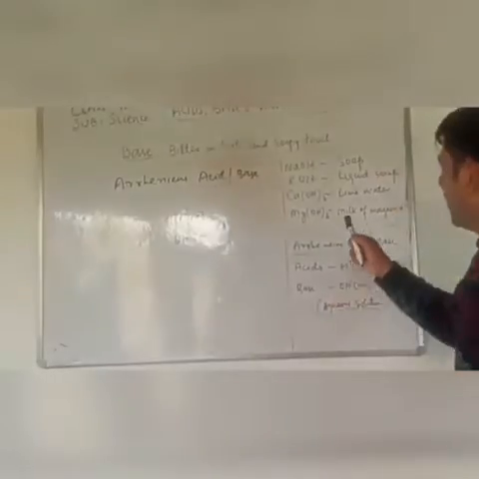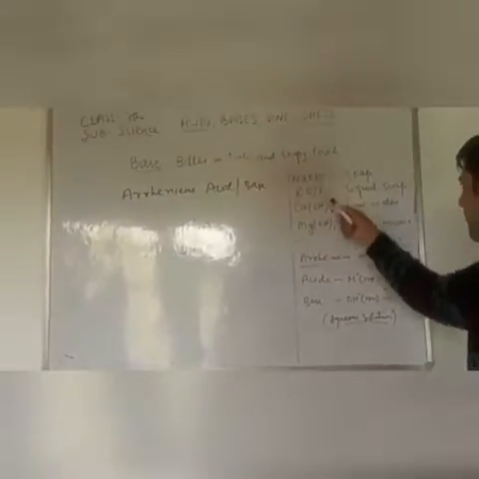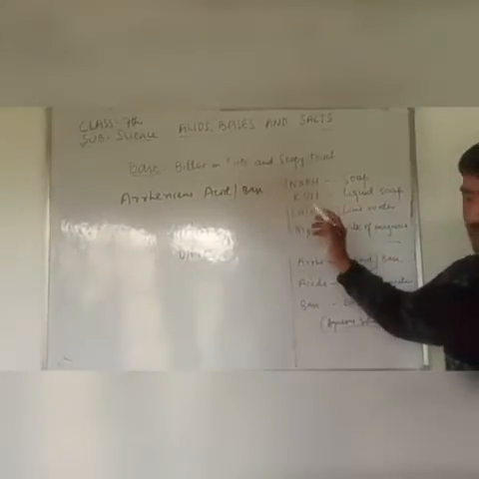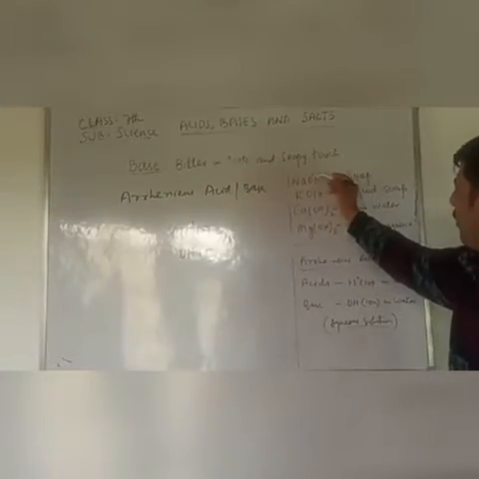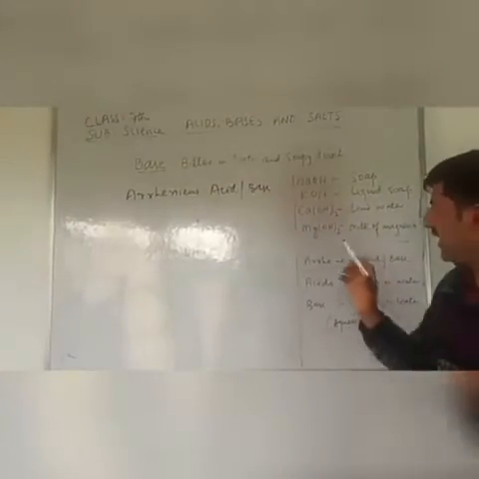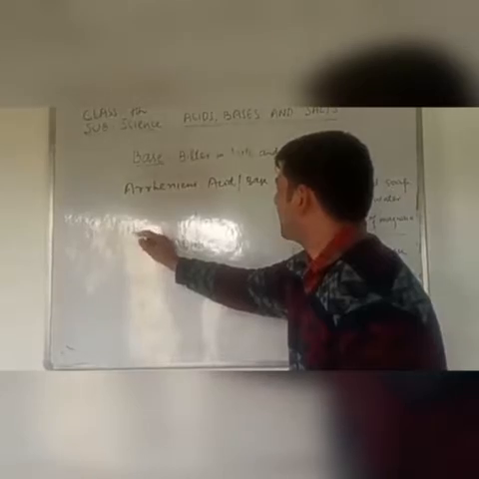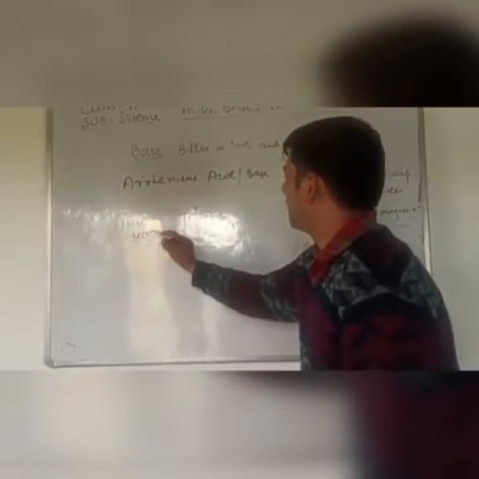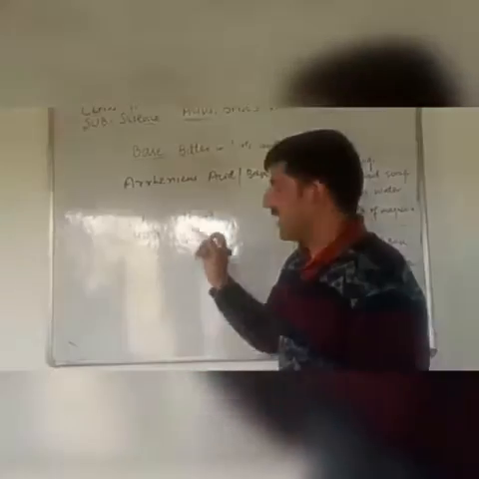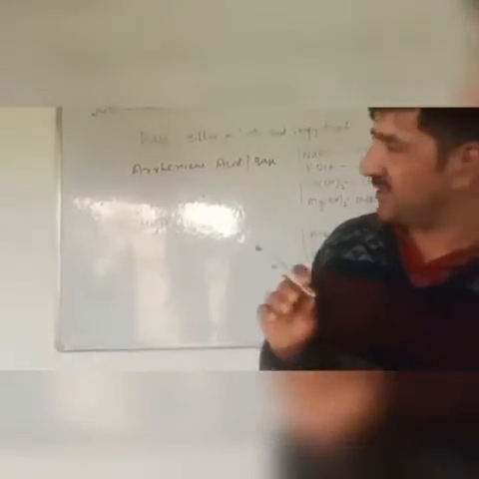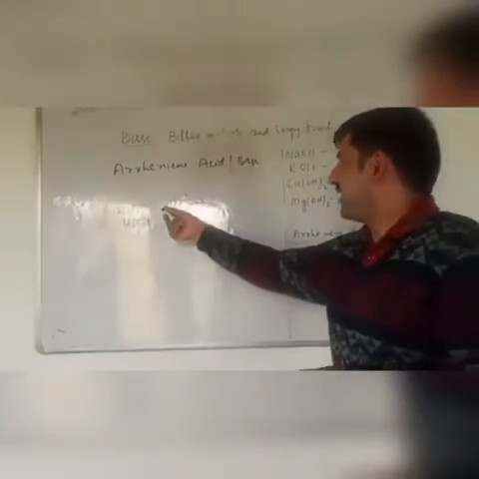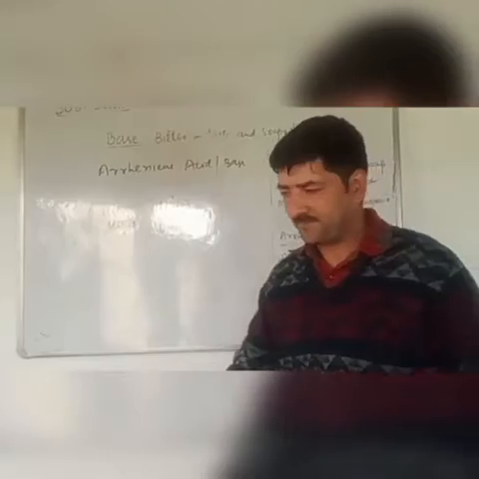So when we look at these bases, when dissolved in water they produce OH negative ion. And acids like HCl, HNO3, when dissolved in water they produce H positive ion. So this is another way to define acid and base.